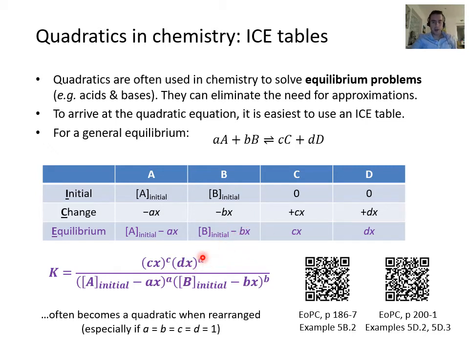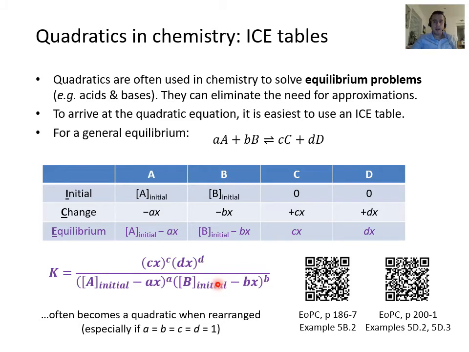This equation looks a bit horrific and certainly could become horrific if you have some very odd stoichiometries in this reaction. But typically, for our simpler examples of acids and bases, for example, a, b, c and d are all equal to 1, at which point this equation becomes quite straightforward. It's going to become a quadratic because this is going to end up being x squared on the top, and this is going to end up being x squared on the bottom once you've multiplied out these equations.